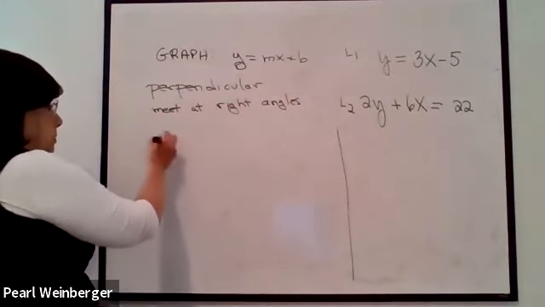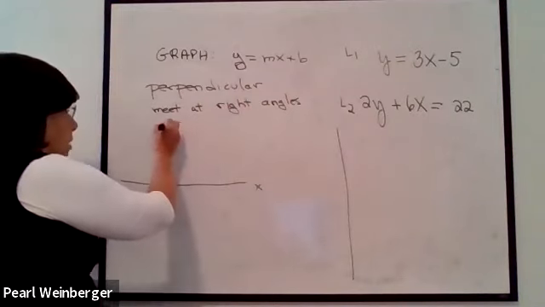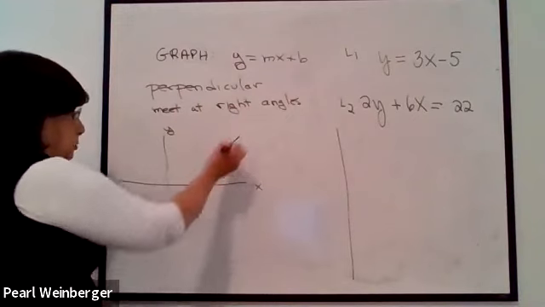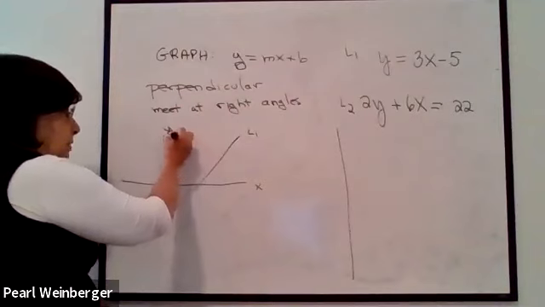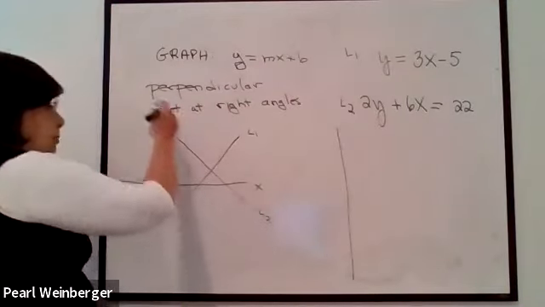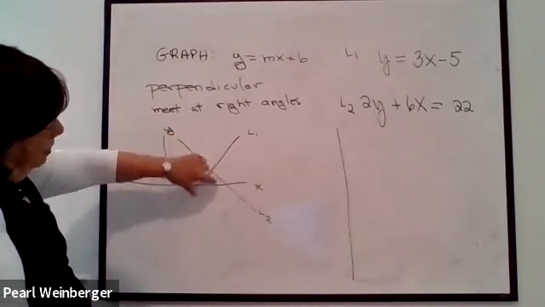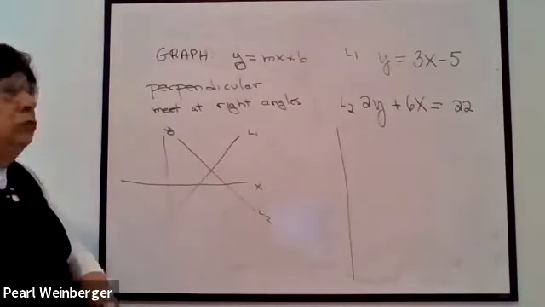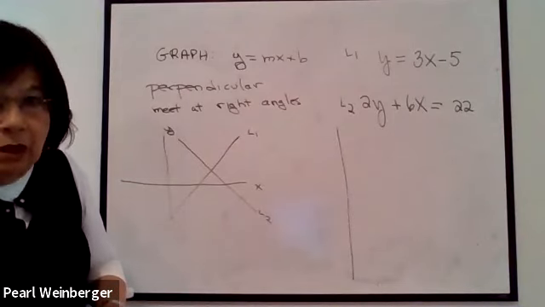In other words, I could have one angled line going this way, let's call that L1. And the second line would then have to go like this. It would have to meet, these are what we call right angles. They meet at square corners. Those two types of lines are called perpendicular lines.